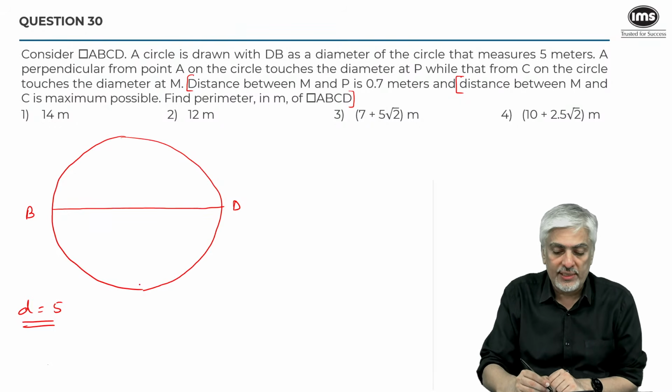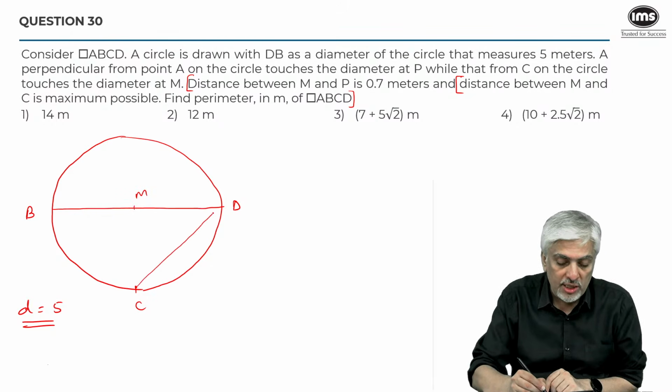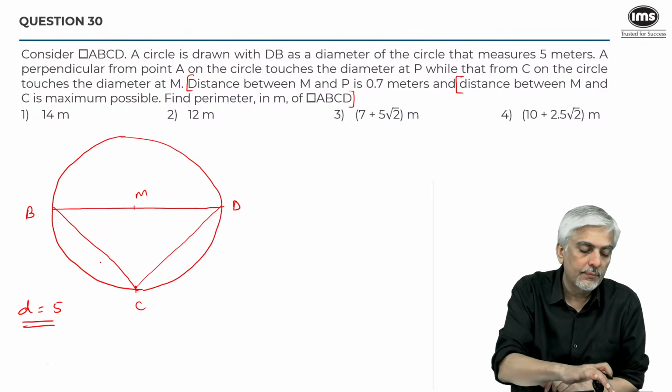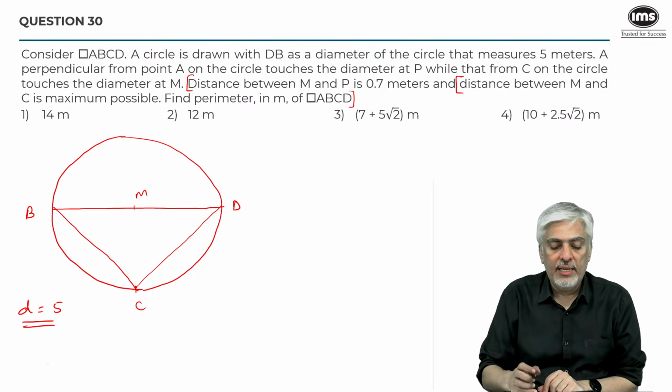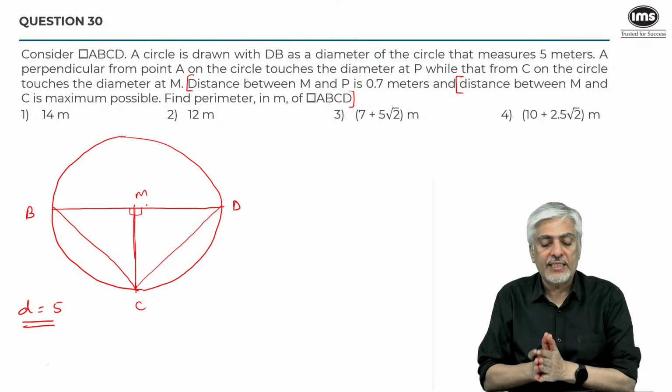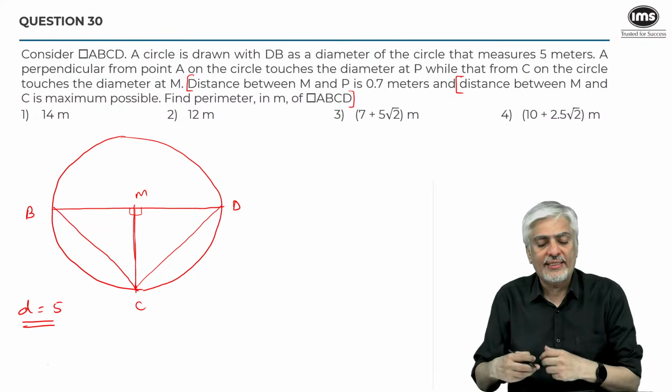So C is a point somewhere over here and M is exactly at the center, because it will be an isosceles triangle. Only in that case will it be maximum possible. Cool? That's the second part.